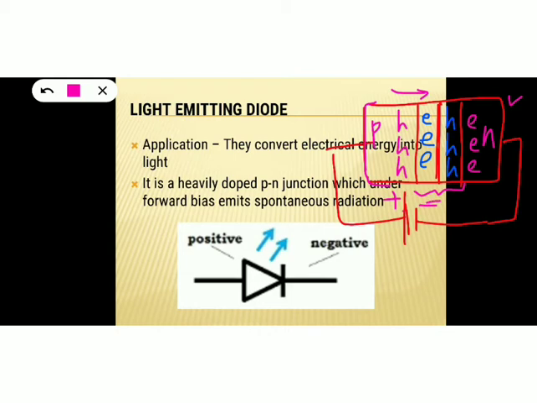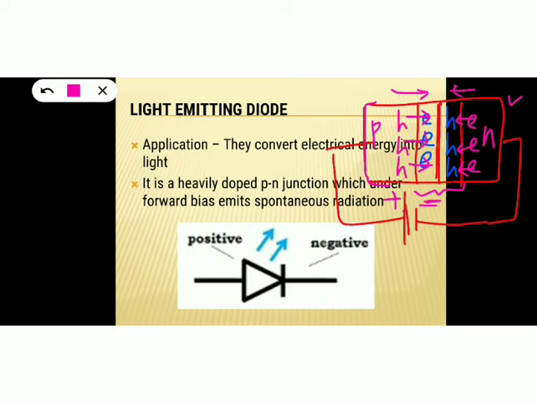Similarly, the negative of the battery repels the negatively charged electrons towards the depletion region. So these holes enter the depletion region and combine with the electrons present in the depletion region. Similarly, electrons enter the depletion region and combine with the holes within the depletion region. So in both ways, electron-hole recombination occurs, isn't it?